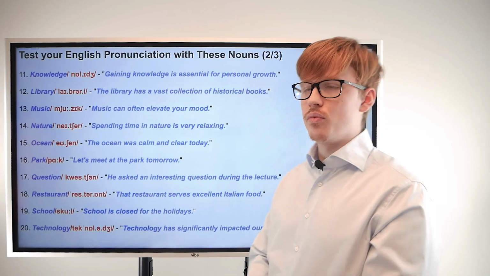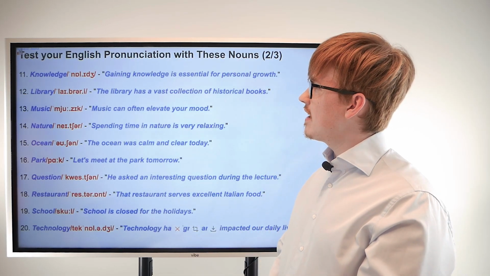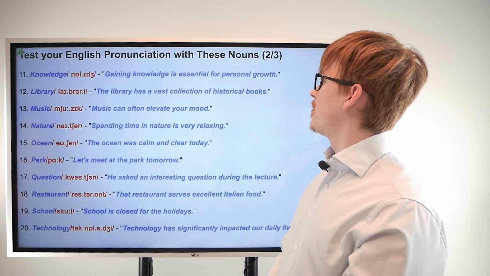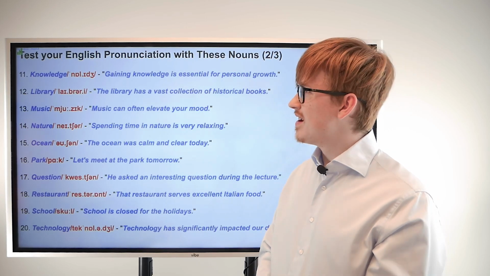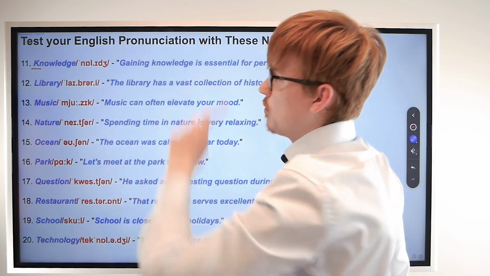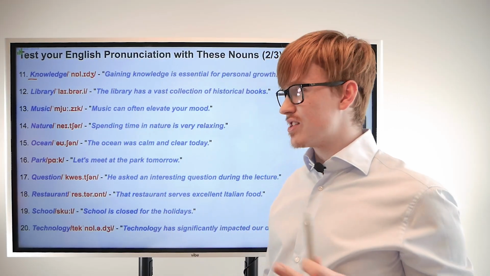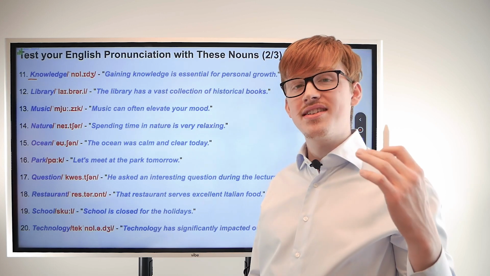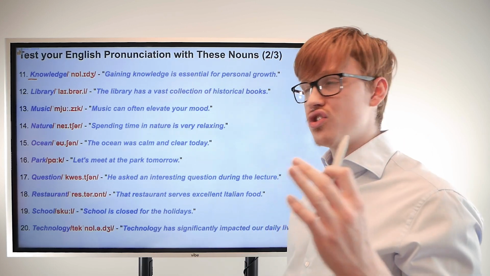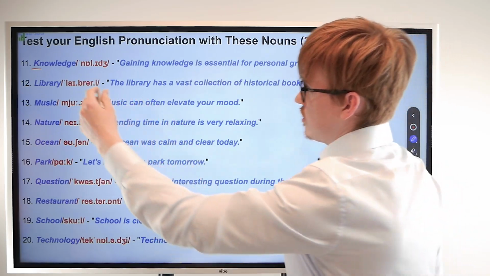Number 11, we have knowledge. So gaining knowledge is essential for personal growth. Knowledge has a K and N, which often is pronounced as an N. It's not a K-N, it's just an N. And as you can see here, we have a W as well.